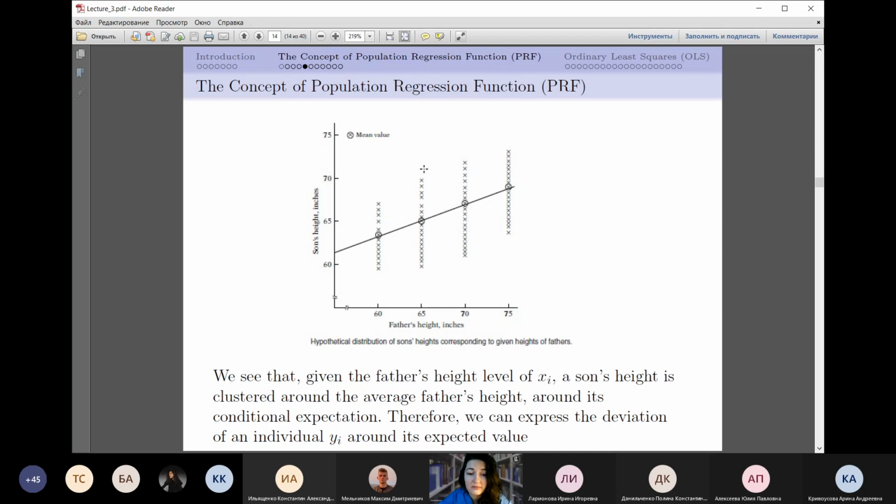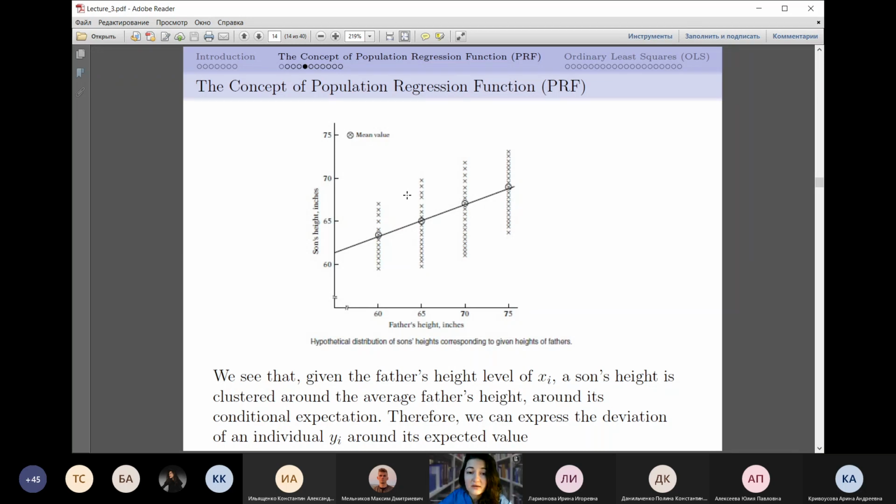This is a scattergram, and suppose that we are asked to guess the height of a randomly selected son, but we don't know his father's height.